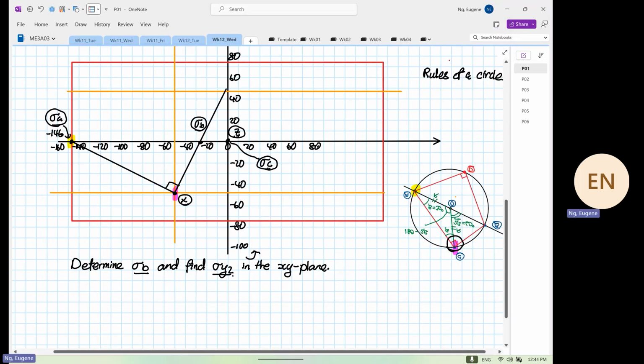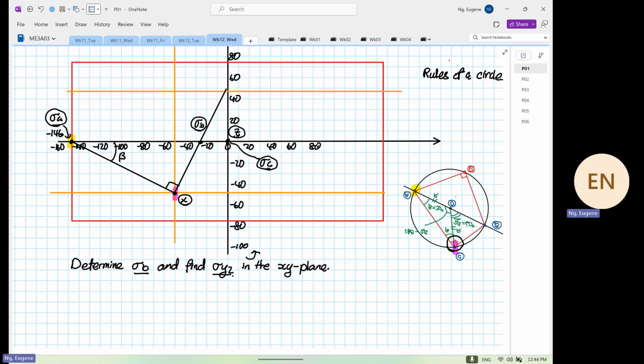To determine stress B, I need to find this angle over here, which is my beta angle. And that beta angle over here is the same as the beta angle over here. Now, we are not doing the 2 theta thing. This is not 2 theta, because 2 theta we get from the center of the circle. This is not the center of the circle.